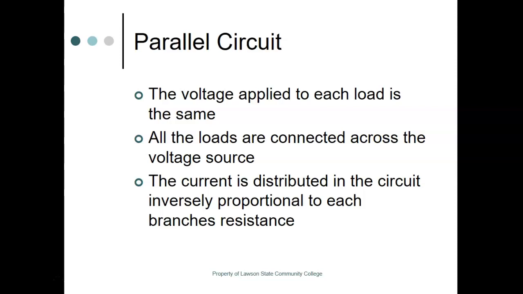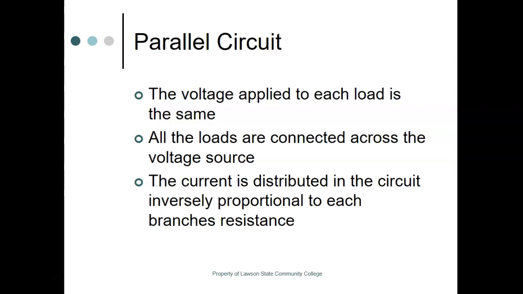The current is distributed in the circuit inversely proportional to the branch resistance. In other words, have any of you ever seen what the Mississippi Delta looks like? Once you get down at the end of the Mississippi River, what happens? You have several branches that the water goes down, right?